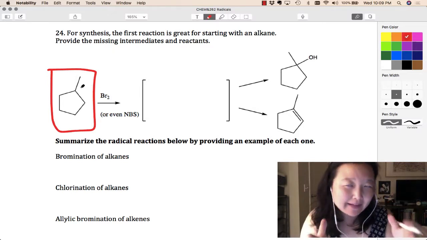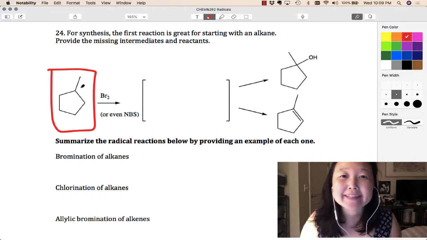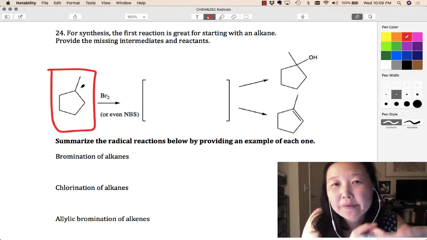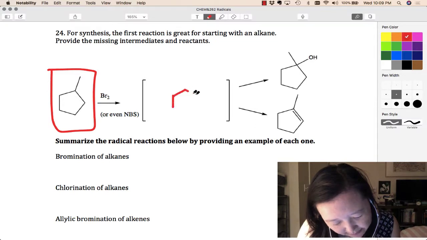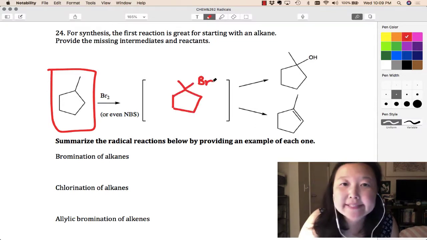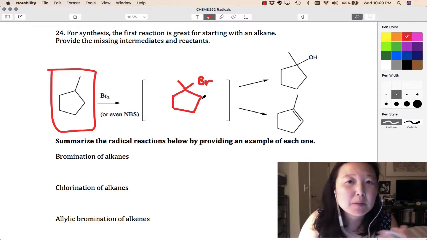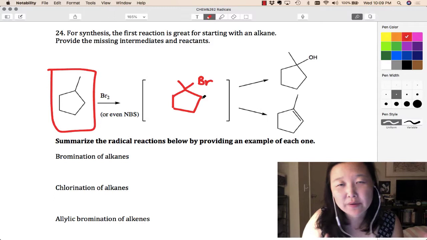Whenever you see an alkane, just know you've got to halogenate it, and you can halogenate it with either Br2 or with NBS. Remember, we like to use bromine because it's highly selective for the tertiary, so that's how we're going to control it. And if we wanted more of the less substituted, then we should use chlorine, because at least we have more of a mixture then, not quite 50-50, but at least definitely more of the non-tertiary one.